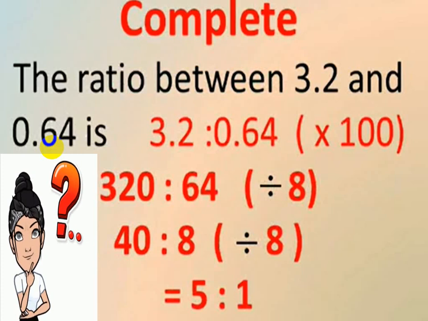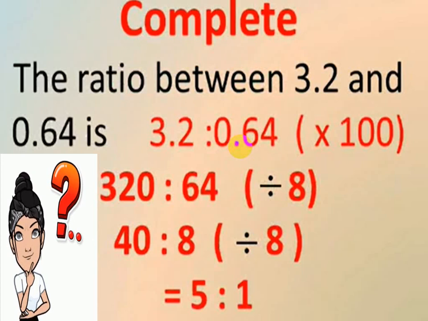3.2, you write it as the first term. 0.64 is the second term. You can't reverse the two terms. Remember that. 3.2 needs multiplying by, yes, 10. Excellent. 0.64 needs multiplying by, yes, 100.